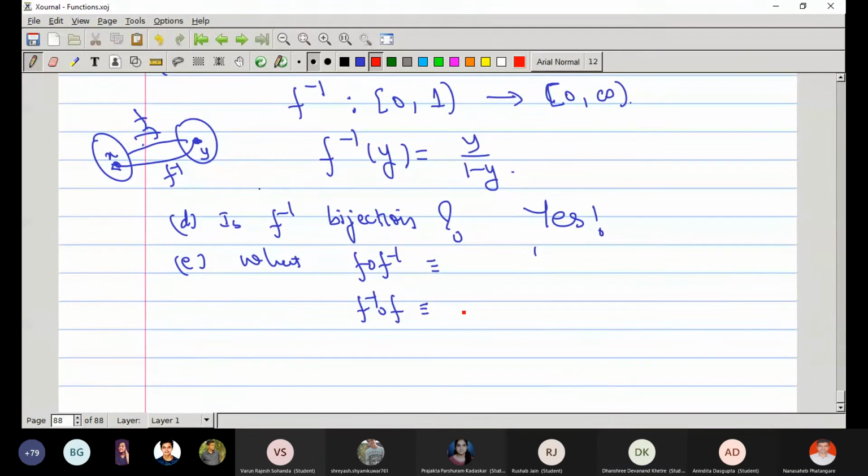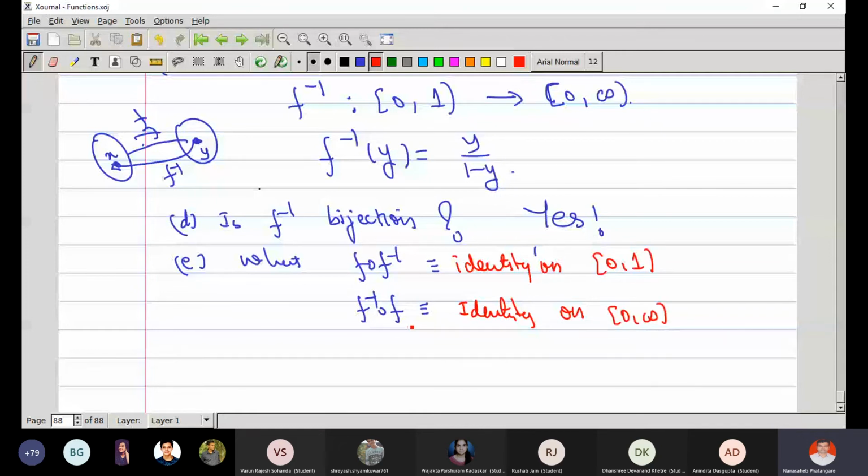So this is the identity on (0, 1), and this is the identity on (0, infinity), because in the second case we first apply f and then f inverse. In the first case we apply f and then f inverse, so this is the identity function on (0, 1). This is the identity function on (0, infinity). Okay, so the whole idea is clear now.